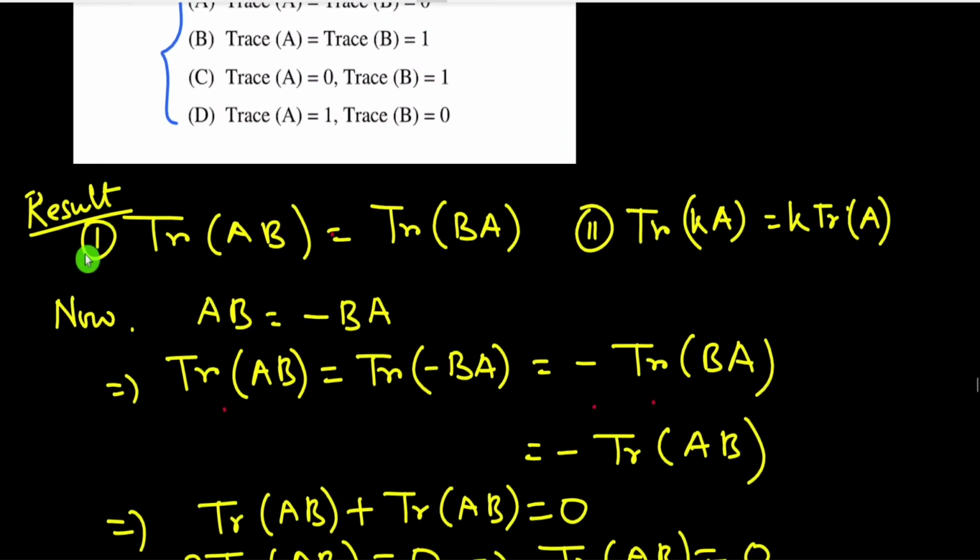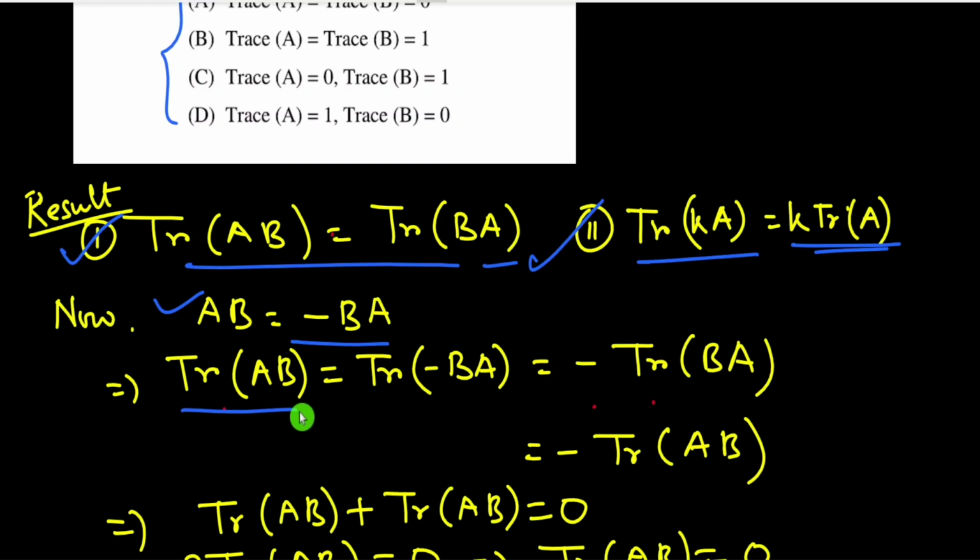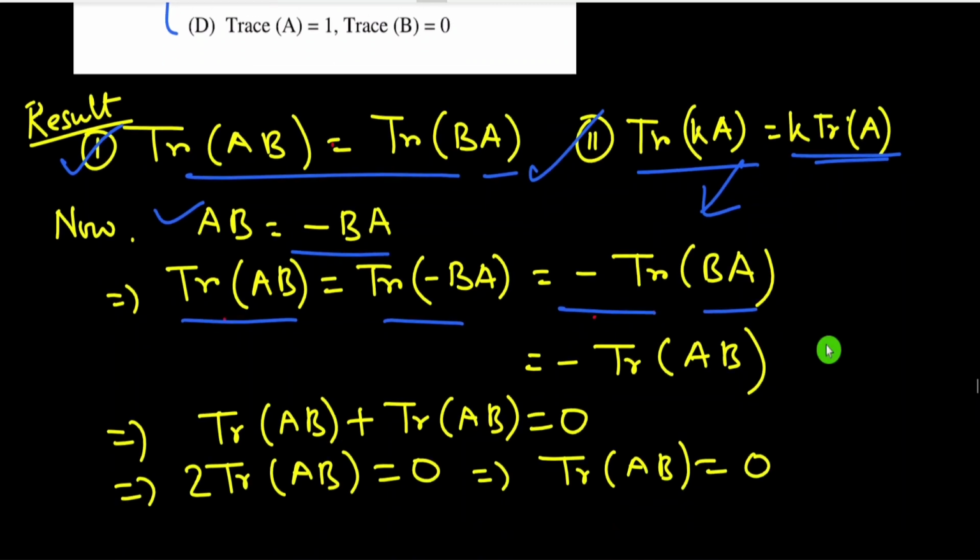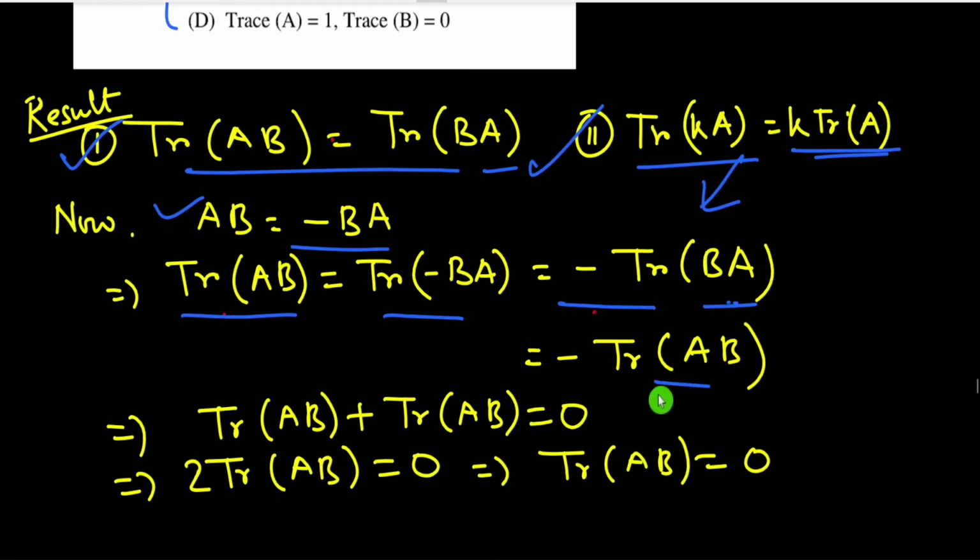The first is trace of AB equals trace of BA for any square matrices A and B of the same order, and the second is trace of K times A equals K times trace A for any constant K. Given that AB equals minus BA, taking the trace on both sides, trace of AB equals trace of minus BA, and applying this result we get minus trace of BA. Now trace of BA equals trace of AB from the first result, therefore we get trace of AB equals minus trace of AB. This gives 2 trace of AB equals 0.